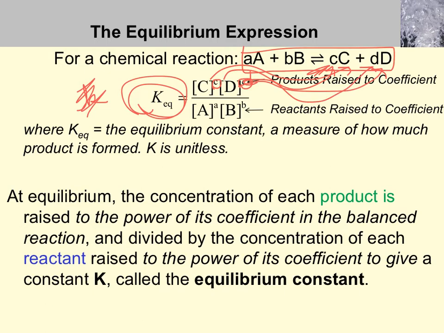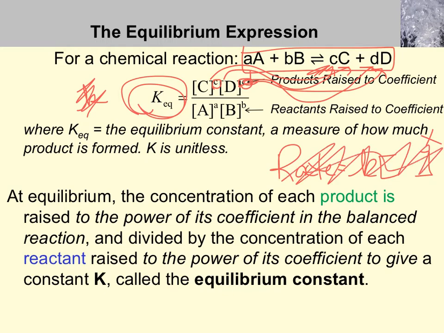Now this is where I want you to write a note to yourself and highlight it. When you are writing rate laws and you have concentrations, the exponents for the concentrations in a rate law have to be determined experimentally. You can't get them from the balanced reaction. In equilibrium, you do. You always take the coefficients and they become the exponents.